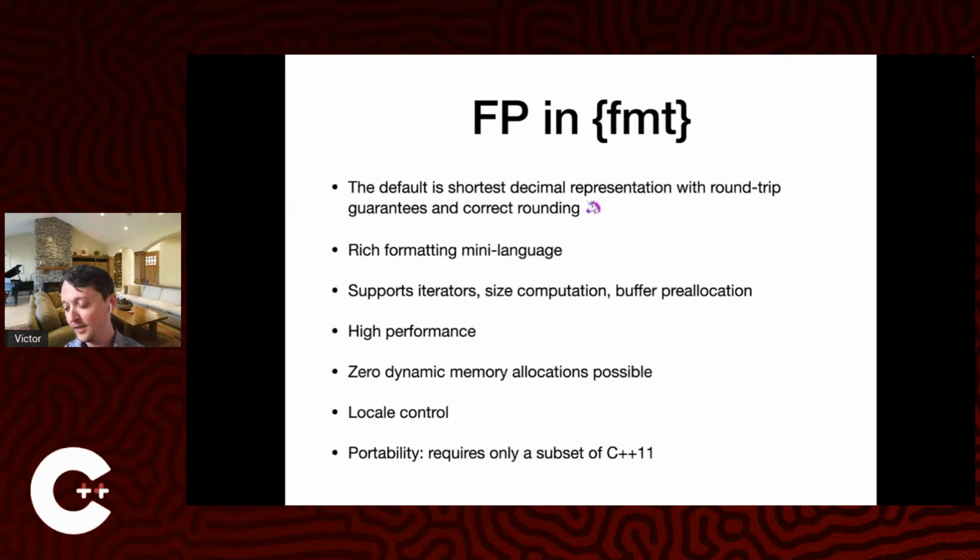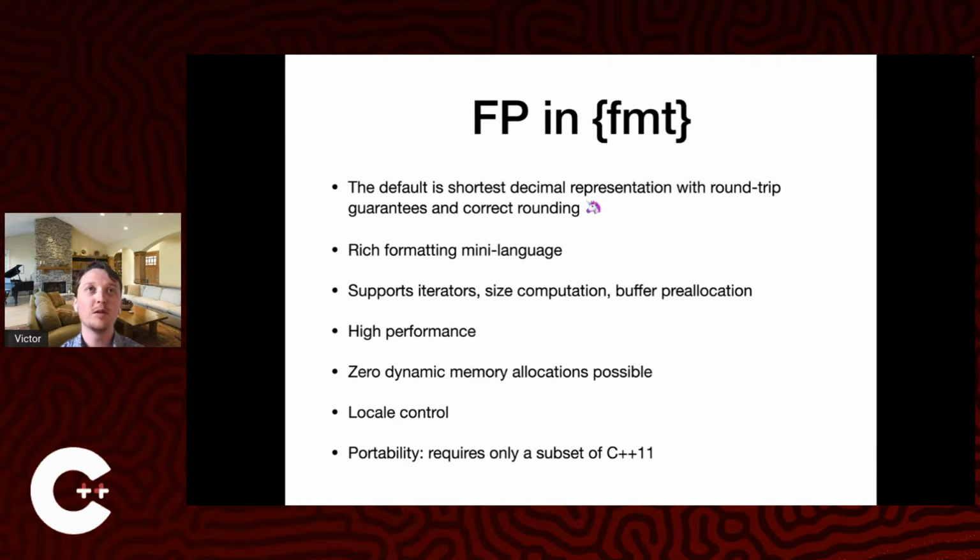So what is the state of floating point in FMT? The default is shortest decimal representation with round trip guarantees and correct rounding. Our unicorn method. It has a rich formatting mini language, borrowed from Python. It supports iterators, size computation, buffer pre-allocation, and has high performance.